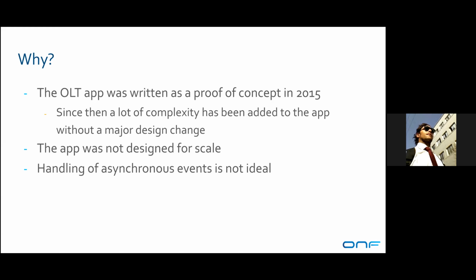At that time, we were focusing on showing that ONOS plus vOLTHA managing a PON network was feasible. Since then, a lot of complexity has been added to the application, and there has been no major redesign of the application itself.